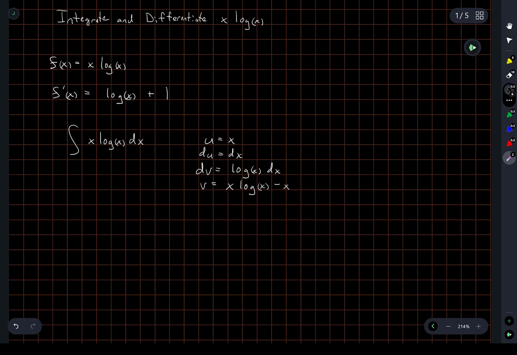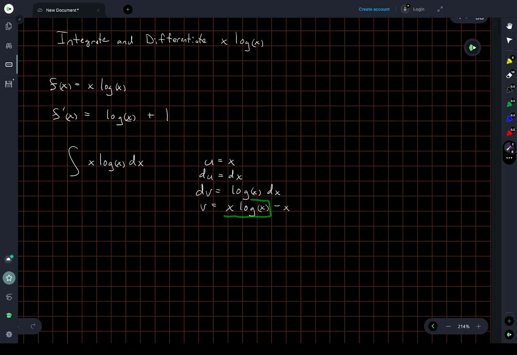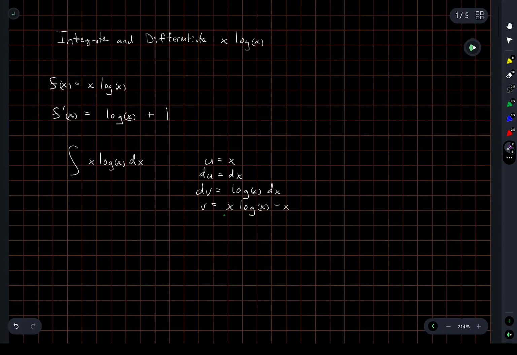Okay, so how do I know that? Well, we can check directly, right? If I take a derivative of this, you'll notice that this part here is the original function that we started with, x log x, right? So the derivative of this, we've already done, it's log x plus 1.